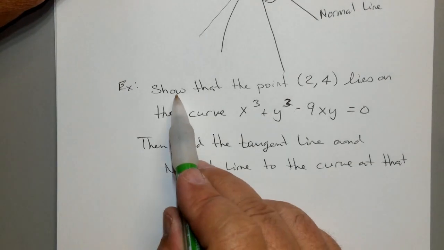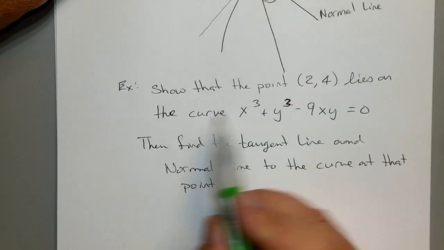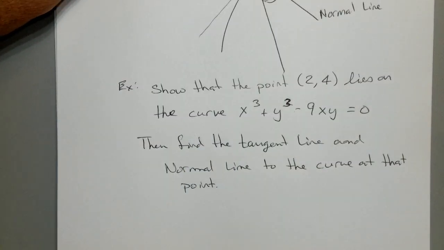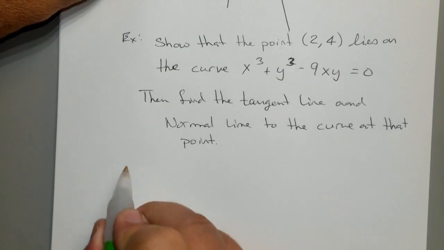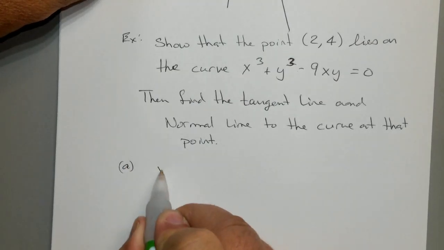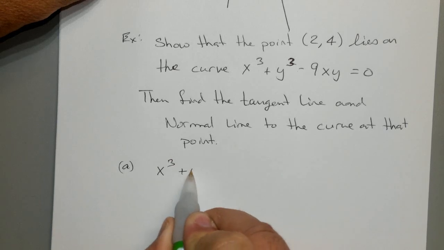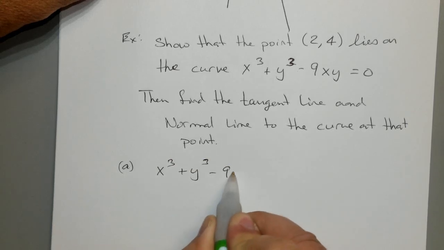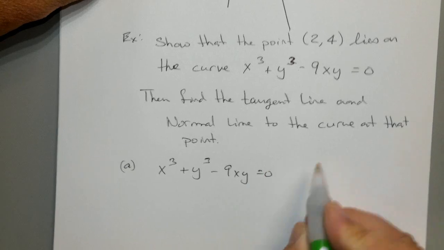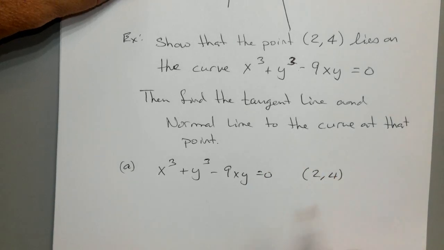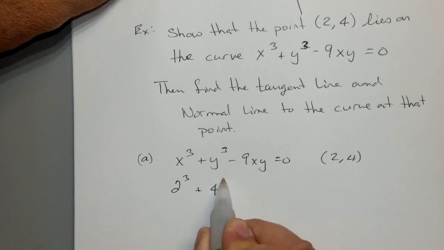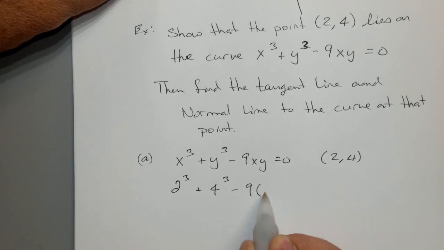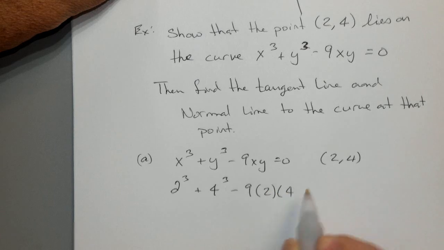First off, part A, show that the point (2,4) lies on the curve. How do we do that? x cubed plus y cubed minus 9xy equals 0 at (2,4). So, 2 cubed plus 4 cubed minus 9 times 2 times 4.